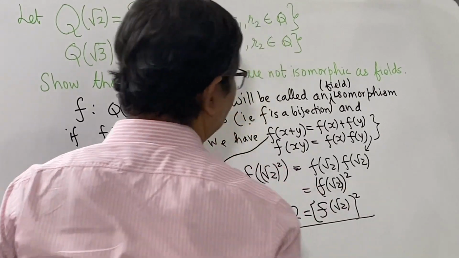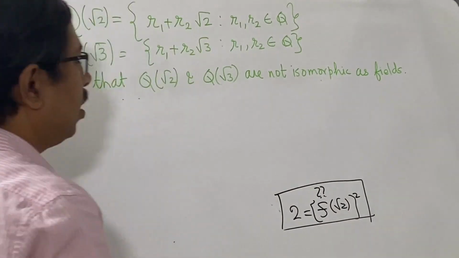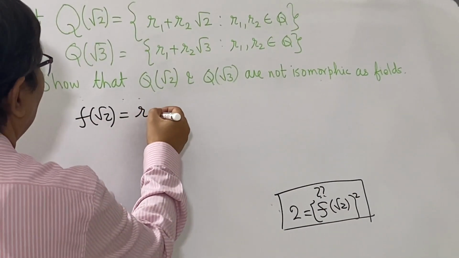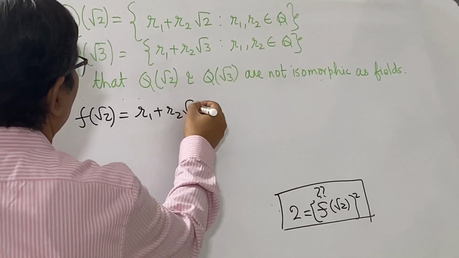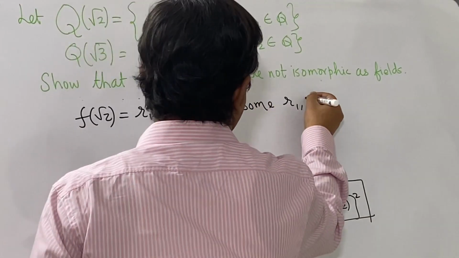Now is this possible? Let us try to see whether it is possible to have f root 2 square equal to 2. So this is the question before us. Now what is f root 2? f root 2 is r1 plus r2 root 3 for some rational numbers r1, r2.